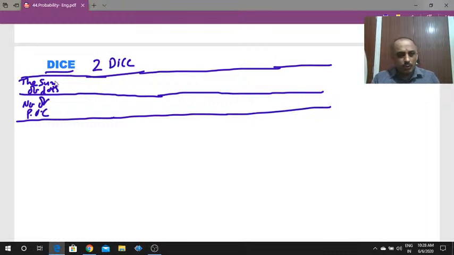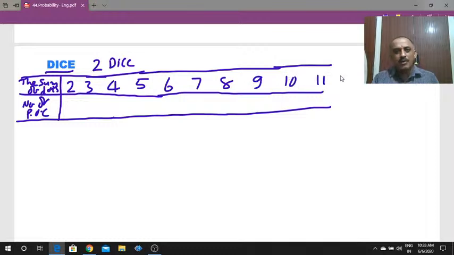If a person throws 2 dice, the sum of dots may be 2 or 3 or 4 or 5 or 6 or 7 or 8, 9, 10, 11 and 12. The sum of dots may be 2 or 12 or between 2 and 12.